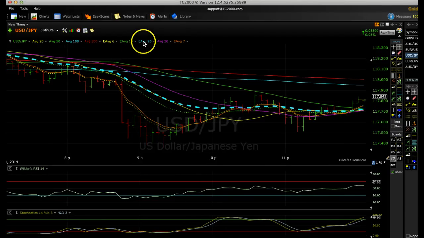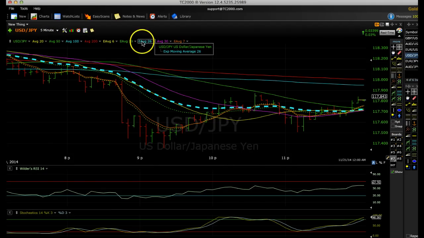Okay, so the exponential moving averages, I dot those so I can separate them from my other moving averages. As you see, I have the 19-day exponential moving average. I have that green because that actually acts like my 50-day moving average, and then so on.